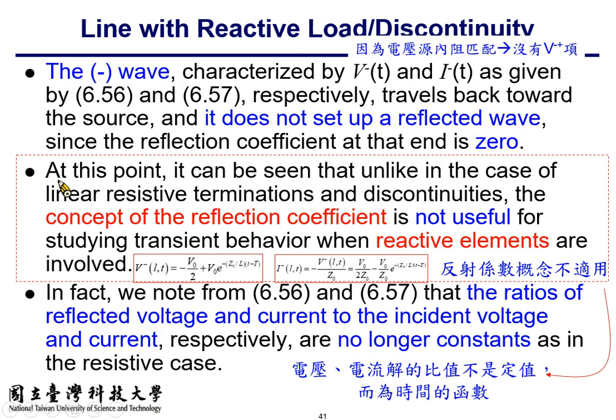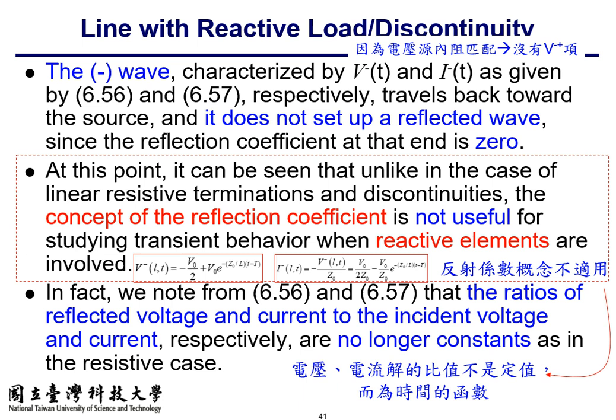So what else? Okay. So at this point, it can be seen that, unlike in the case of linear resistive termination and discontinuity, the concept of the reflection coefficient is not useful. It's not applicable for the study of transient behavior when reactive elements are involved. So for time domain transient analysis, you cannot apply the concept of reflection coefficient on reactive elements.